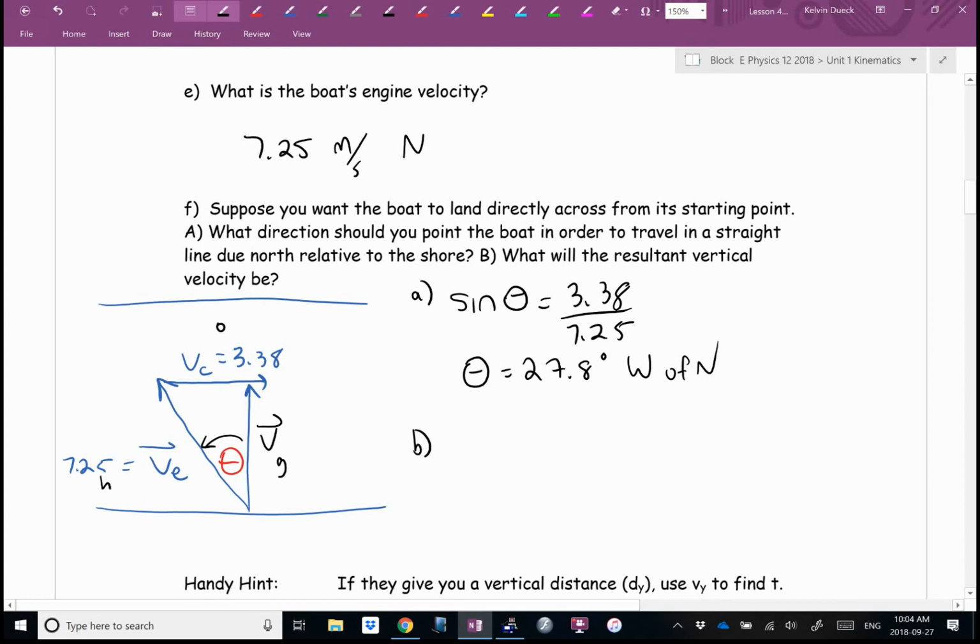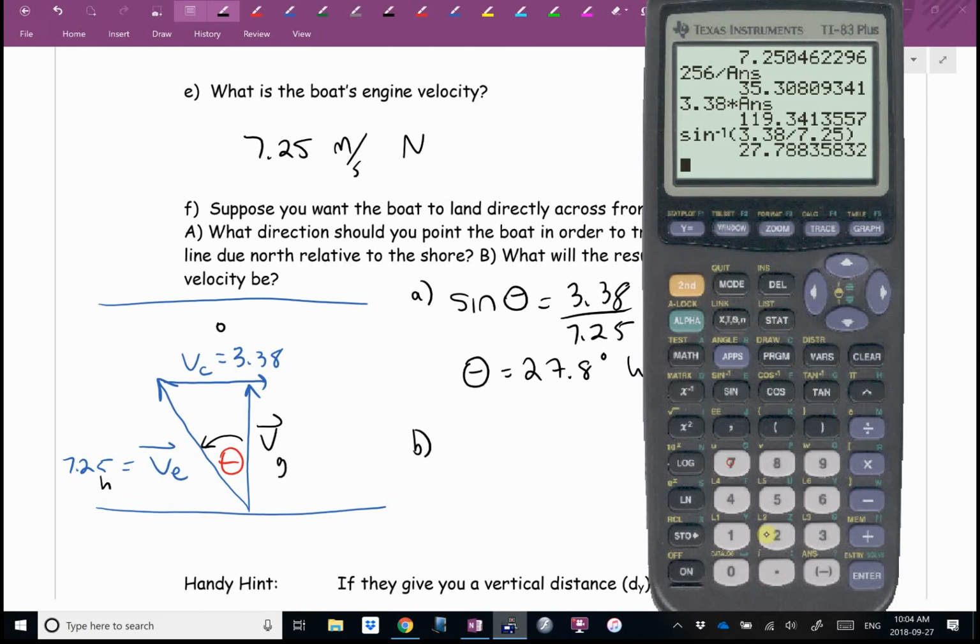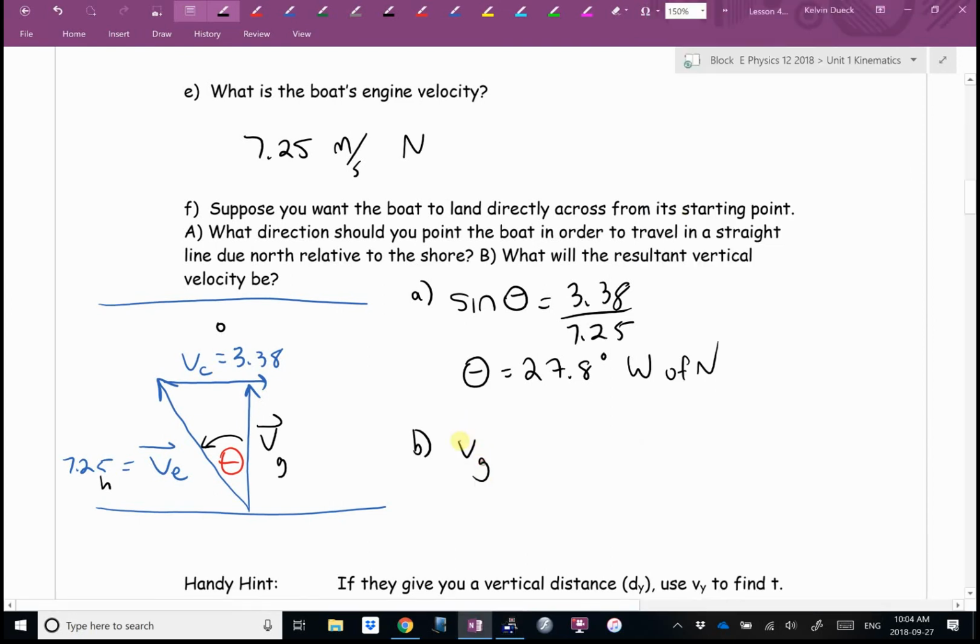It's going to be hypotenuse squared minus that squared equals ground velocity squared. 6.41 meters per second. And if they wanted a direction, I could say, hey, due north, because that's how I set this up on purpose.